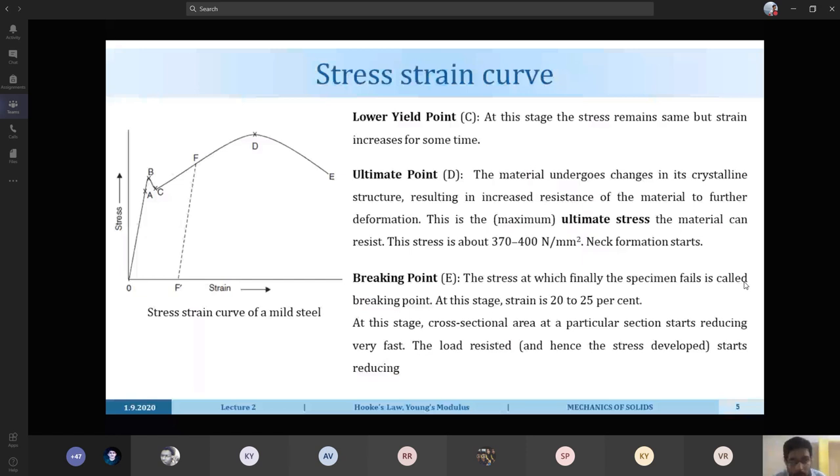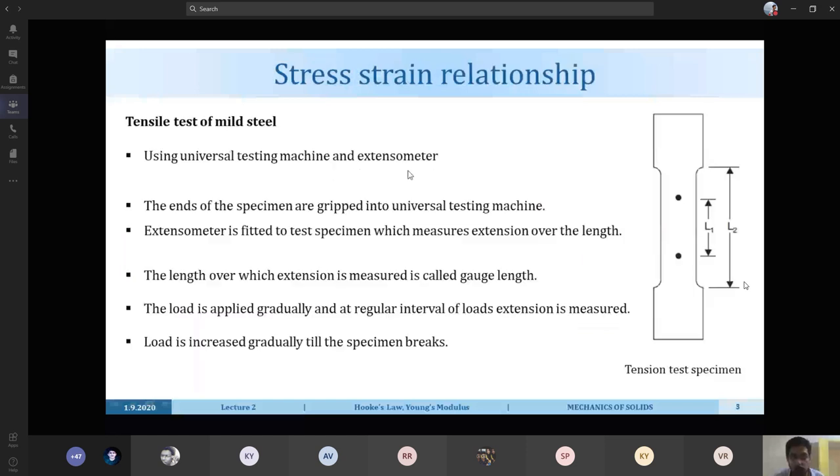So we can see that at this point D, what happens to this specimen if you try to elongate? At this point, these two points start elongating. So this cross section becomes thinner and thinner upon applying the load.